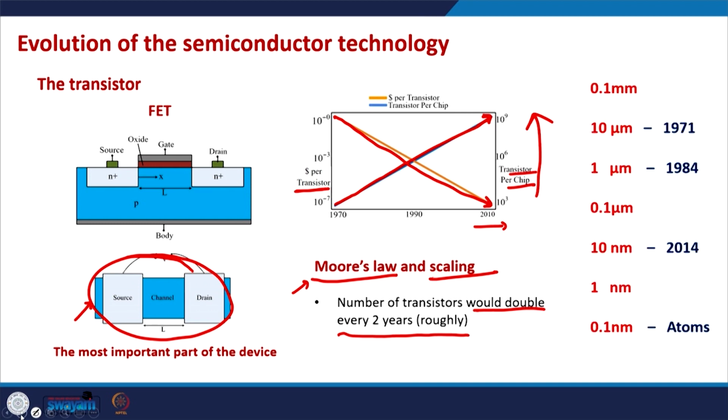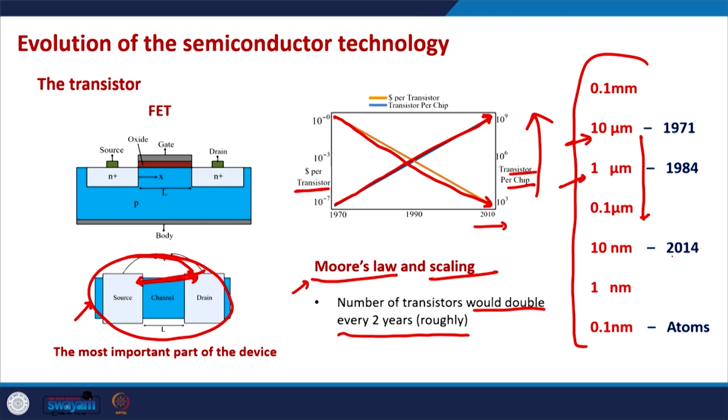Okay. This is essentially the trend. In the 1970s, the channel length, the length between the source and the drain, was roughly 10 micrometers. In the 1980s, it was around 1 micrometer, and this trend continued.